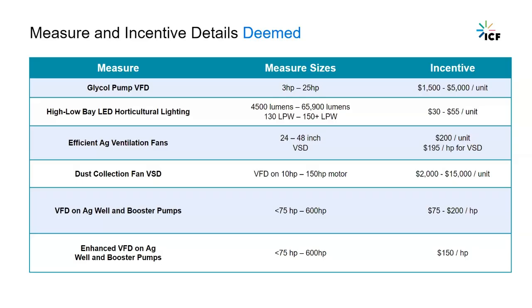We do have high bay LED lighting that we can offer. Right now, it's not for plant areas. It's only for head houses, hallways, storage, or office space. But ICF is actually working on a statewide work paper to be able to also include plant lighting as a deemed measure. Next slide, please, Bryce.